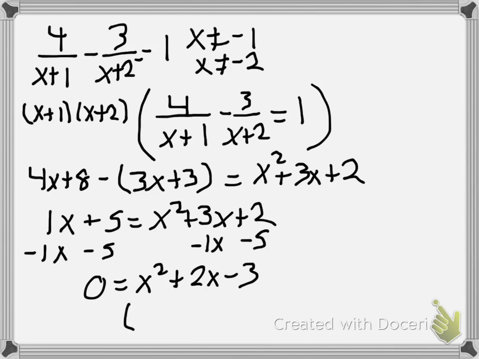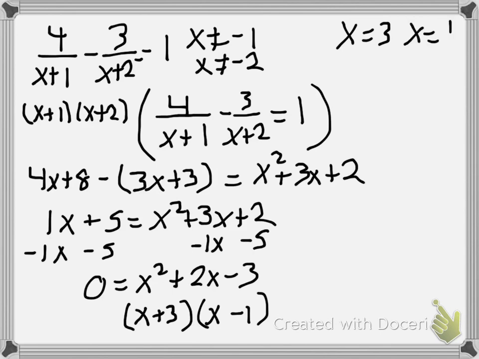Factor this, get x plus 3, x minus 1. Okay, so that gives me x equals negative 3 and x equals 1. Alright, well 1 and negative 3, both of those are good. So all we got to do is check it now.